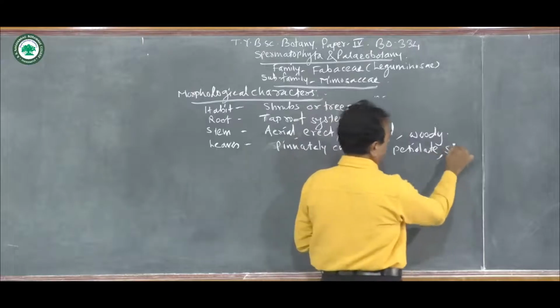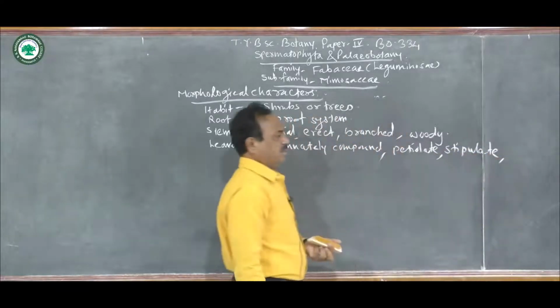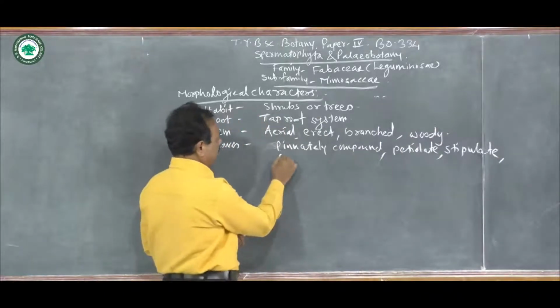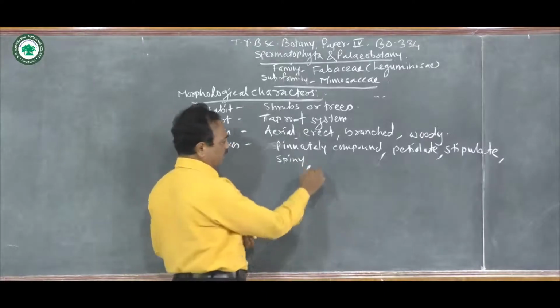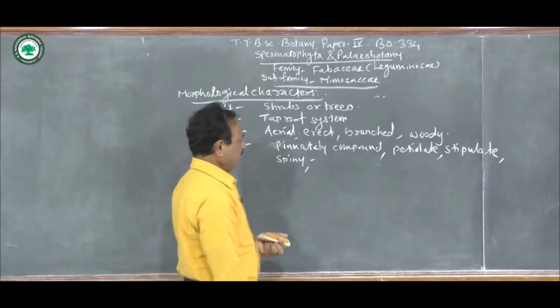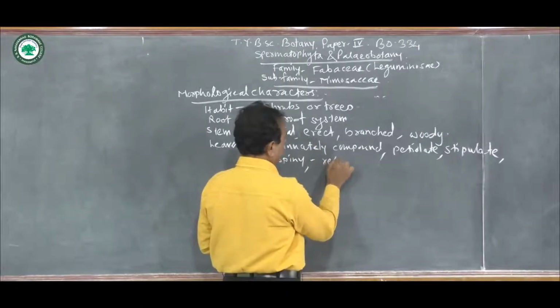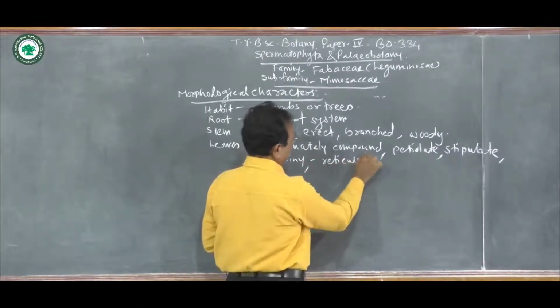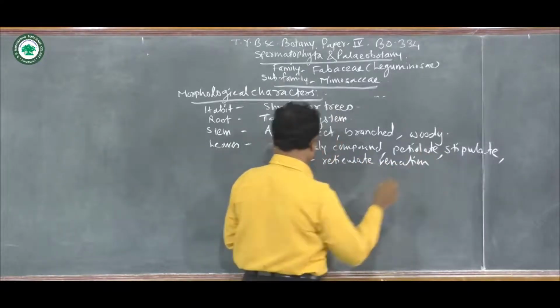They may be stipulate, and in many plants the stipule is spiny. The spiny stipule gets modified into spines or thorns. The leaves show reticulate venation.